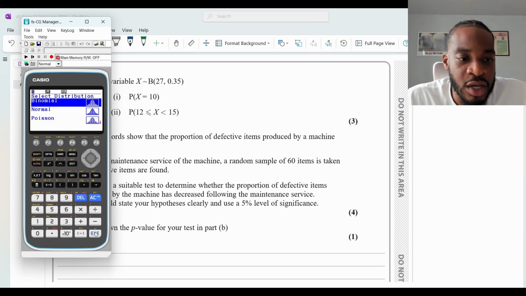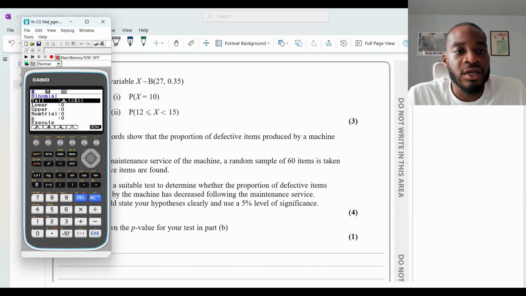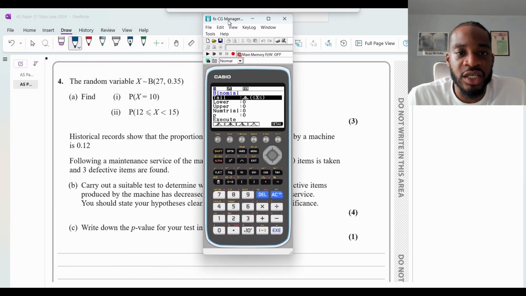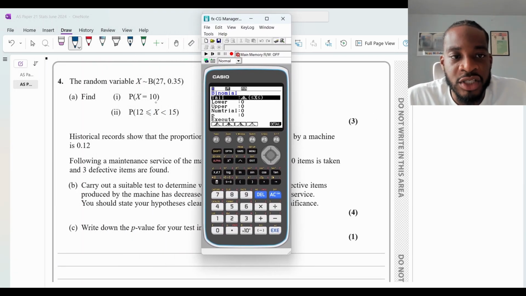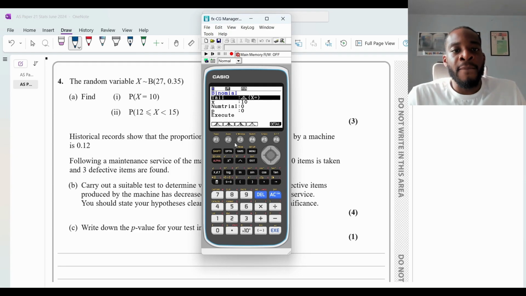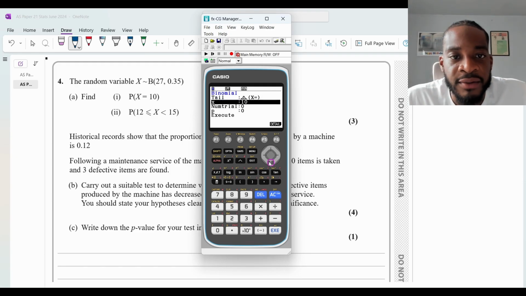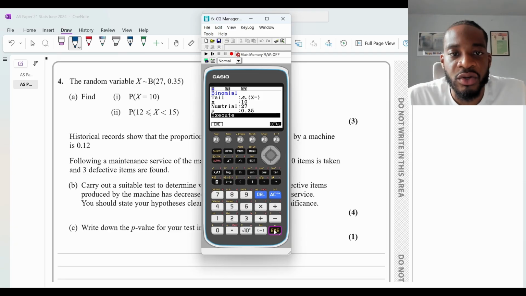Click binomial, and then just plug it in. Because it's a point distribution, I'm going to click on F4 to make it equal. And we're going to plug in x equals 10. N is 27 in this case. The probability is 0.35. So execute.